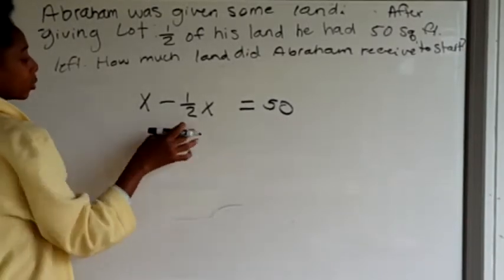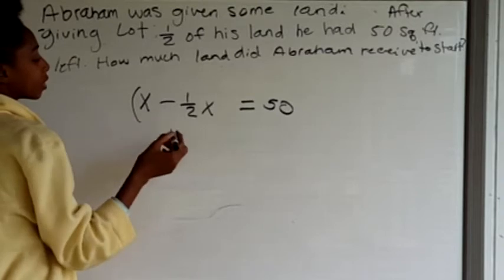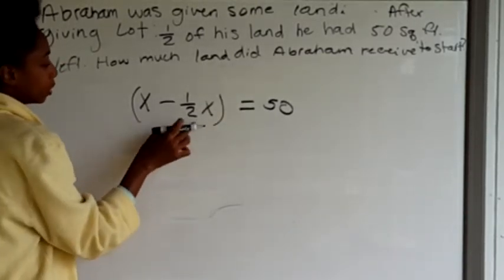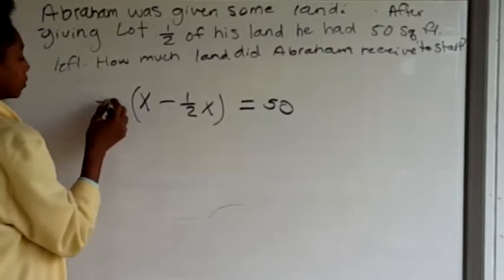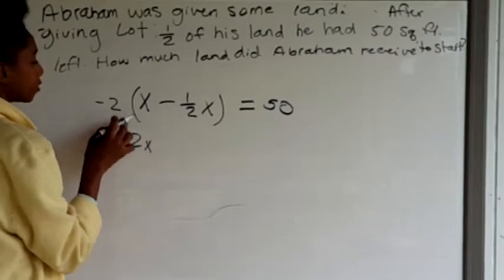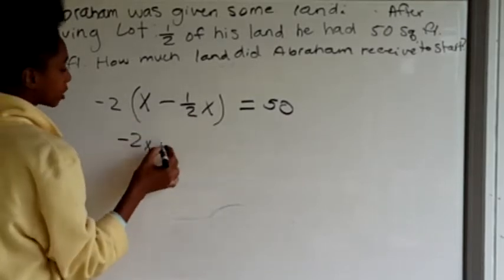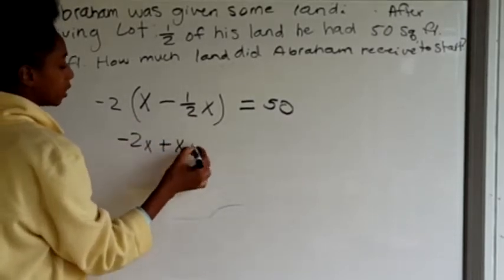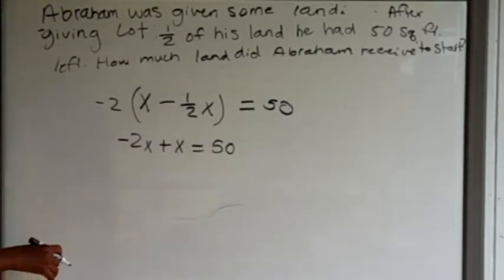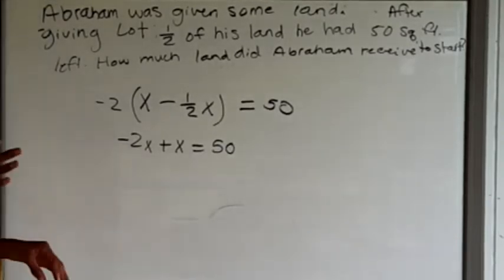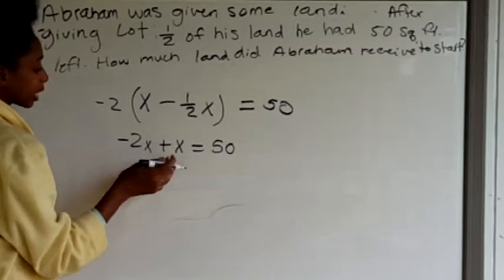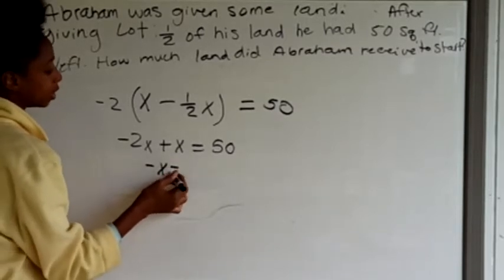All right, so we can multiply by -2 to get rid of this 2. So -2 times x is -2x. -2 times -1/2 x is going to be +x equals 50. All right, so now we combine our like terms. -2x plus x is going to be -x.